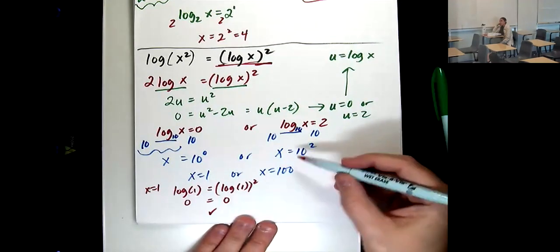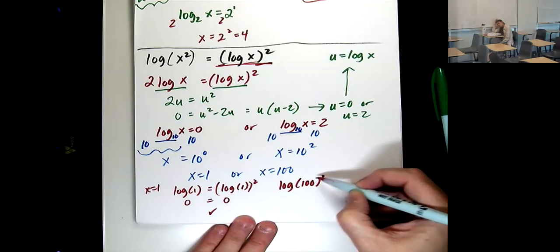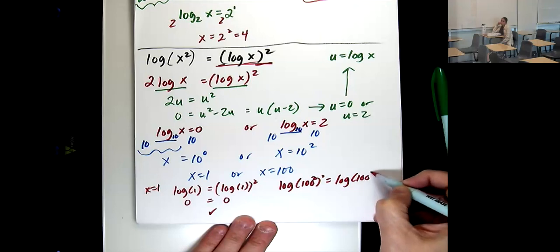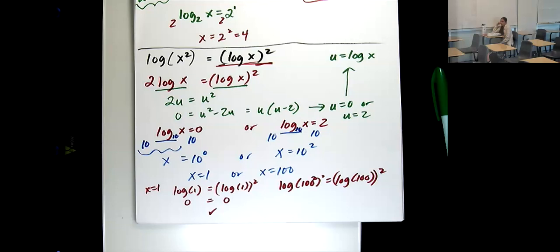The other one is log of 100 equals log of 100 squared. Does that work? It might.